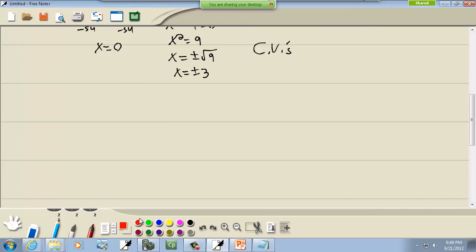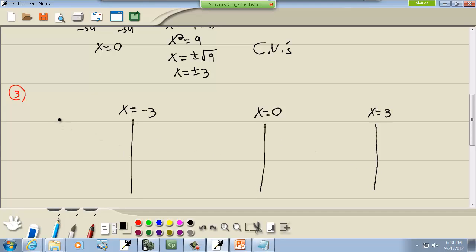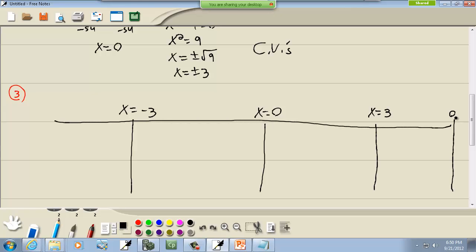So let's build a table of intervals. Our smallest number is negative 3. Our next one is 0, and then our next one is positive 3. Clear over here is positive infinity.